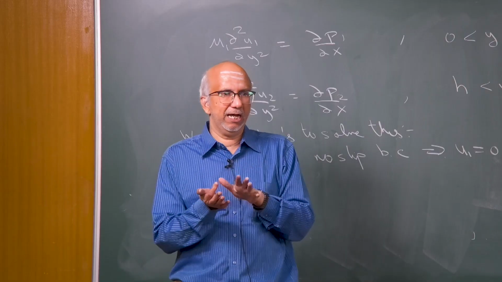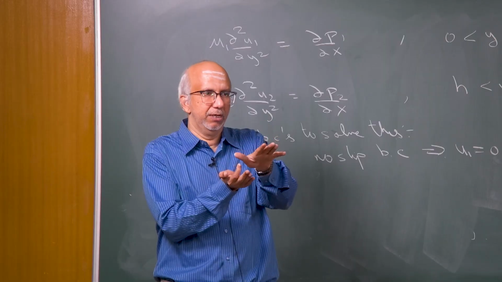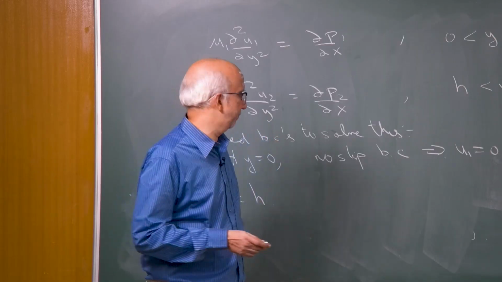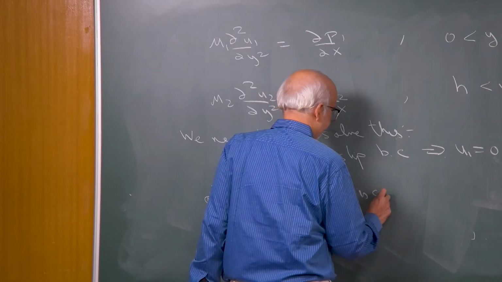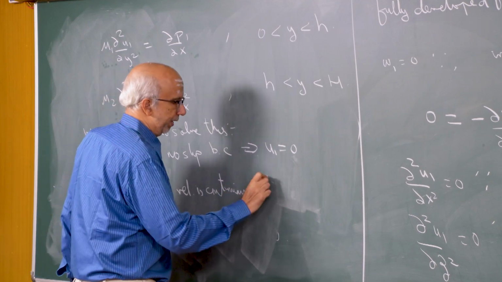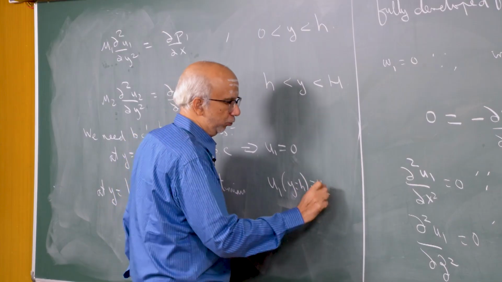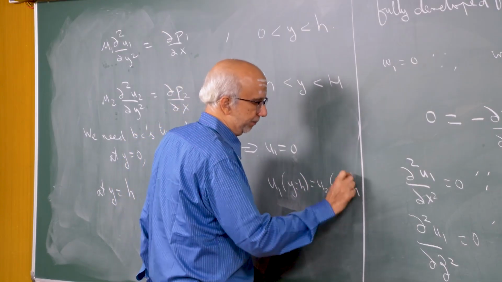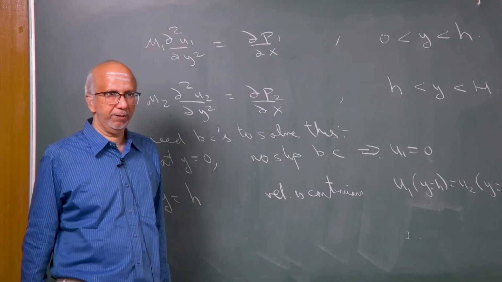You can't have one liquid going at a velocity, another liquid slipping past it at a faster velocity, that is physically unrealistic. So, we say velocity is going to be continuous. I say u1 at y equals h equals u2 at y equals h.